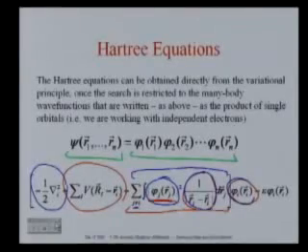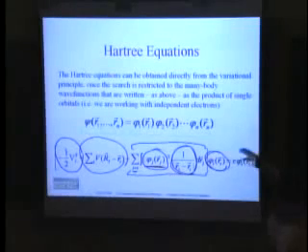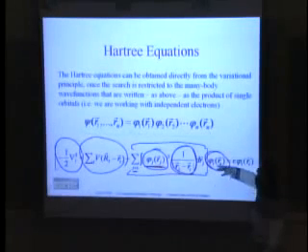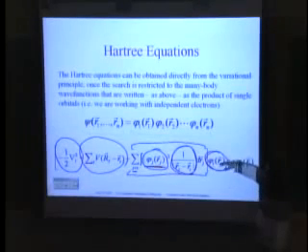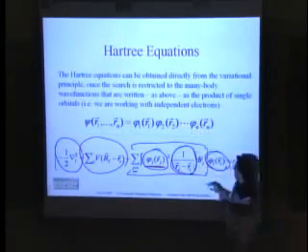So my many-body Schrödinger equation has become a series of equations that we call single particle equations, a differential equation for each and every electron.